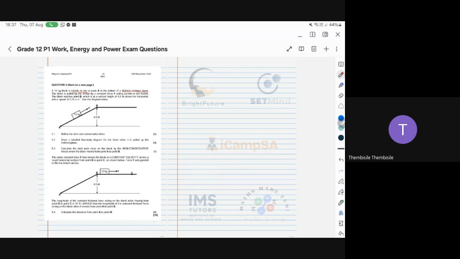Then the block is pulled up the incline by a constant force F acting parallel to the incline. Then the block reaches point B, at a vertical height of 4.5 meters above the horizontal, with a speed of 2.25. Very important.